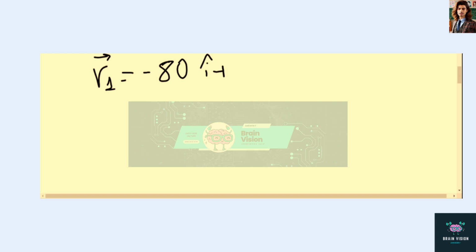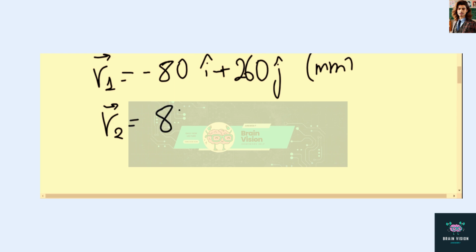And if we use point F as our origin, then R1 equals minus 80 i hat plus 60 j hat. This is in millimeters. Then the R2 vector equals 80 i hat plus 50 j hat.